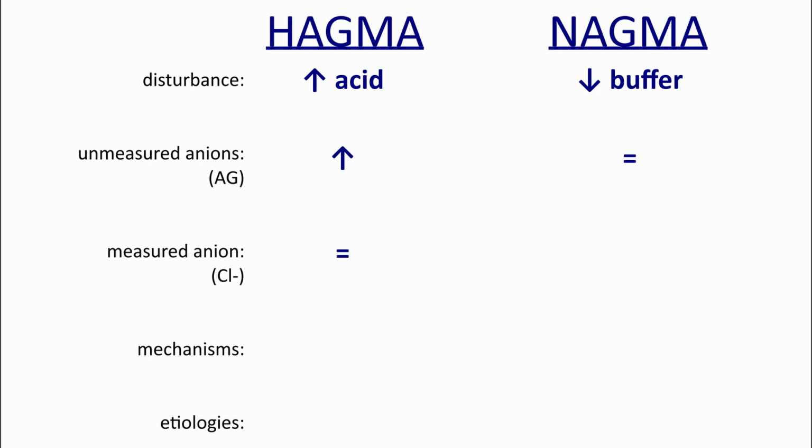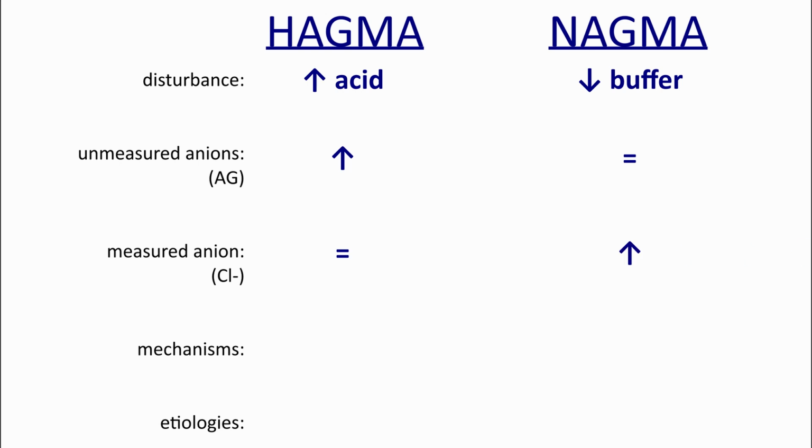Chloride, which is a measured anion, does not change in a high gap acidosis, and that's because the loss of bicarbonate is creating a space that's essentially being filled by the increased unmeasured anions. In a non-gap acidosis, there is no increase in unmeasured anions, and therefore the space left by the loss of bicarbonate will actually be filled by chloride shifts.